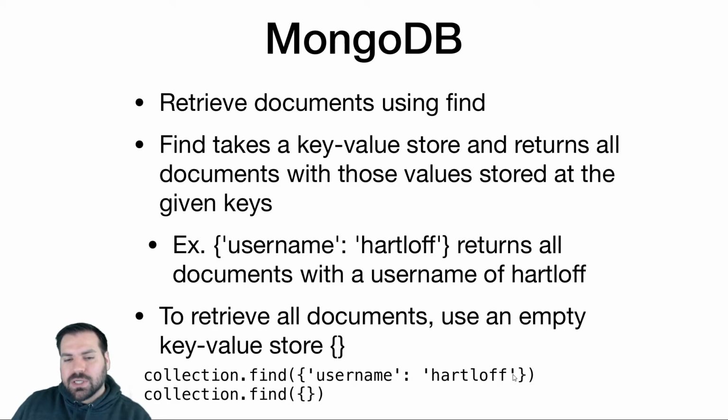So this is going to return all of my chat messages in this example. If you want the equivalent of select star from in SQL, select star from this collection, this is going to give you everything because there's nothing to filter out. You're not giving it anything to filter out. Just say, give me everything.